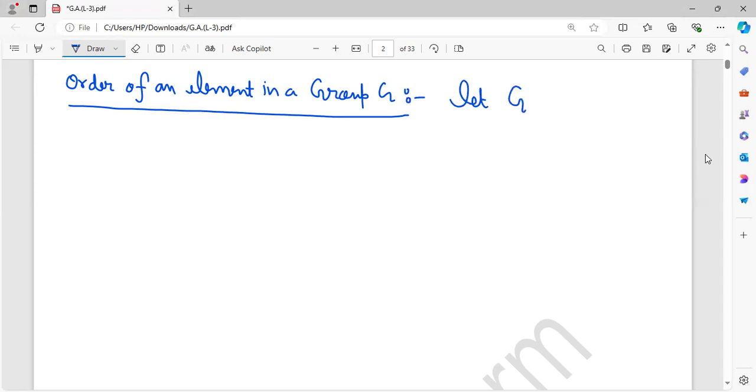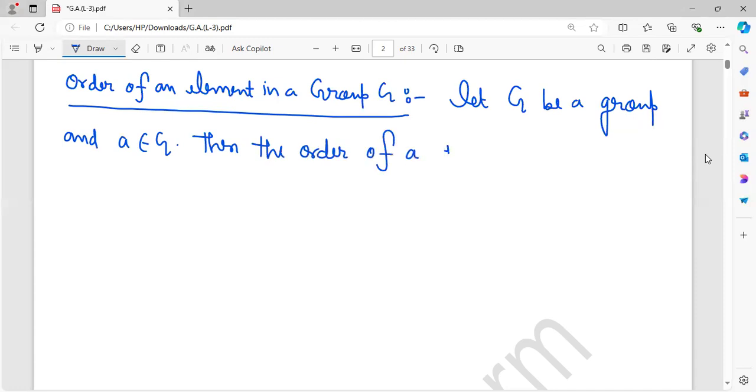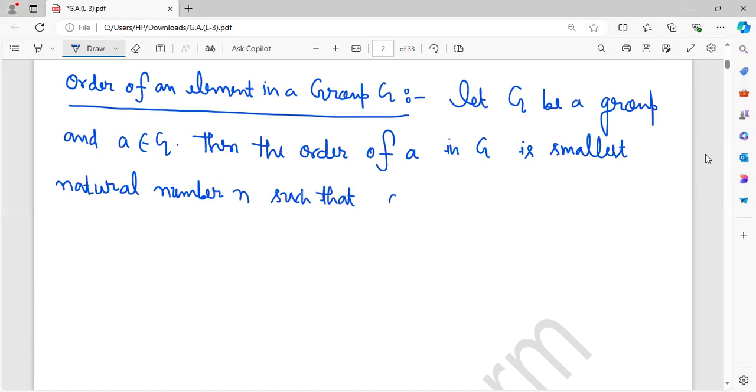Let G be a group and a belongs to G. Then the order of a in G is the smallest natural number n such that a to the power n is equal to e. e means identity.